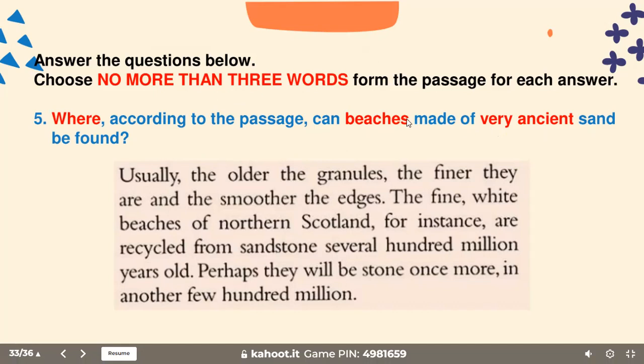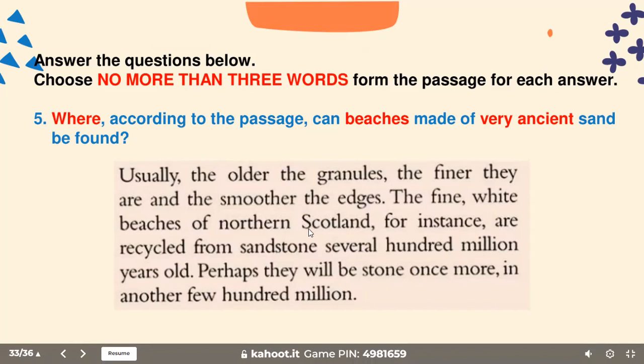It has beaches made of very ancient sand. So the word beaches, the word ancient, the place. Now, where is the place, guys? Scotland. Northern Scotland. Yeah, Scotland. You see, it's very easy to find this one because it starts with a capital letter.